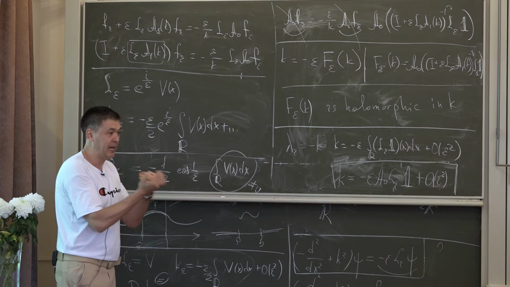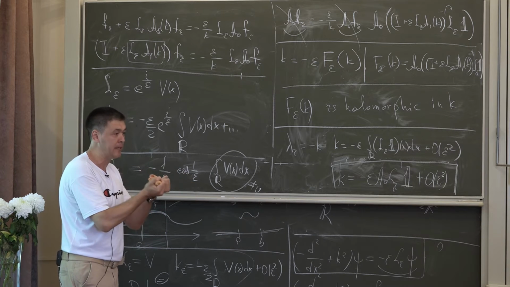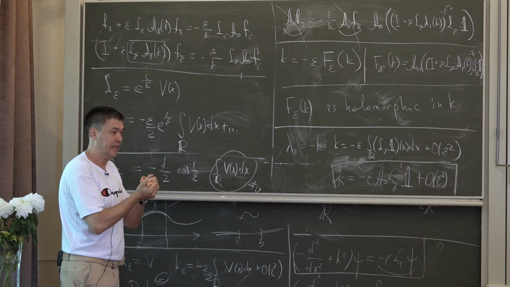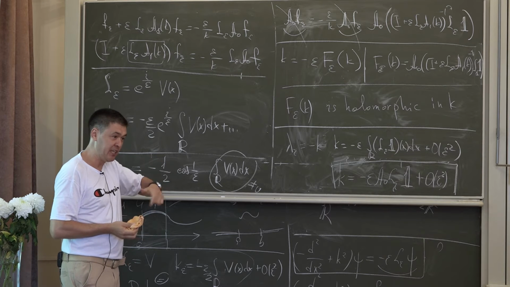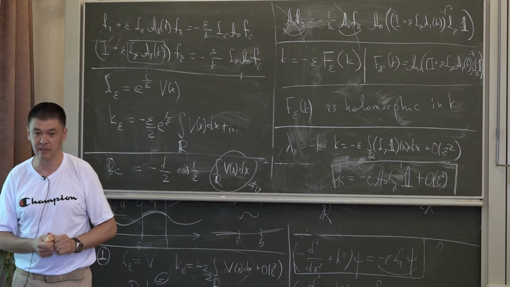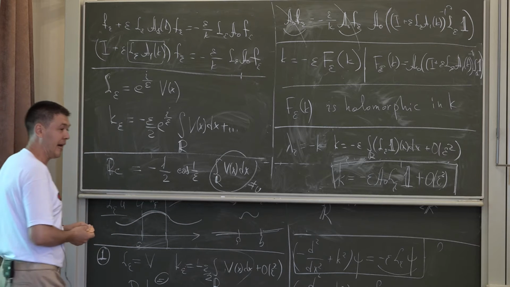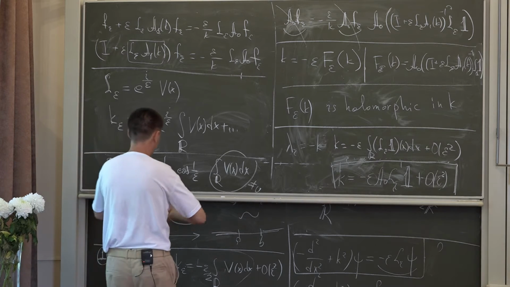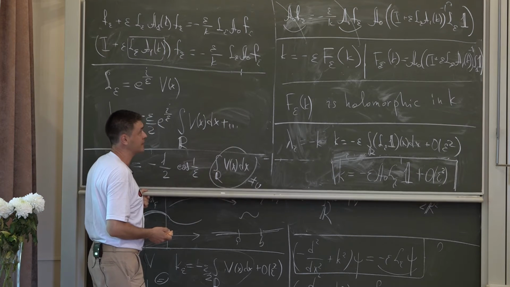I can have an emergent object, but the nature of this object can change very quickly. So for some epsilon, it's a resonance. For some epsilon, it's an eigenvalue. And okay, all these things are possible.